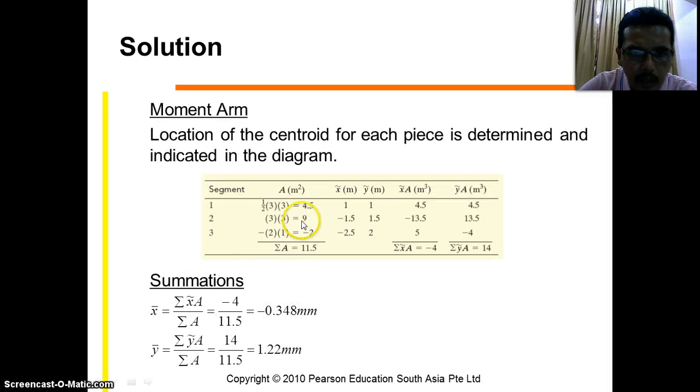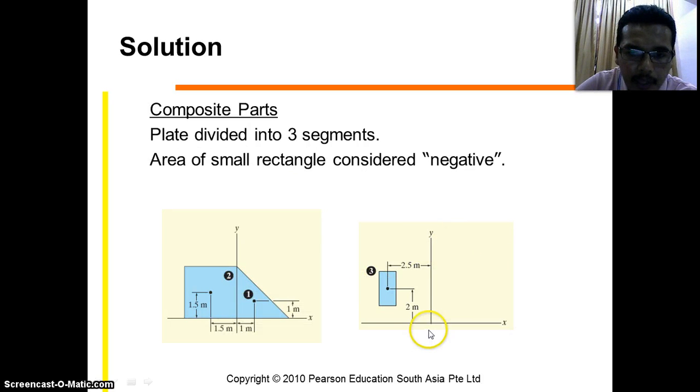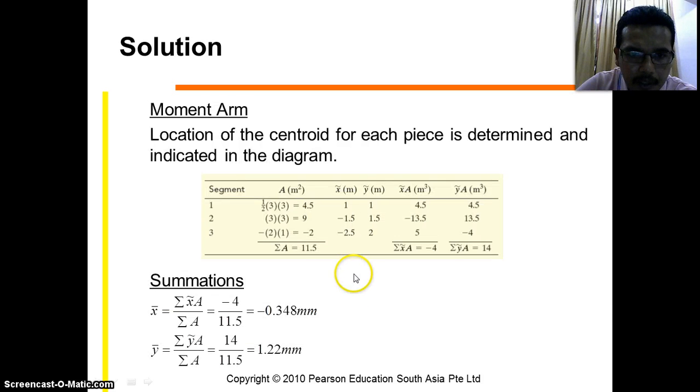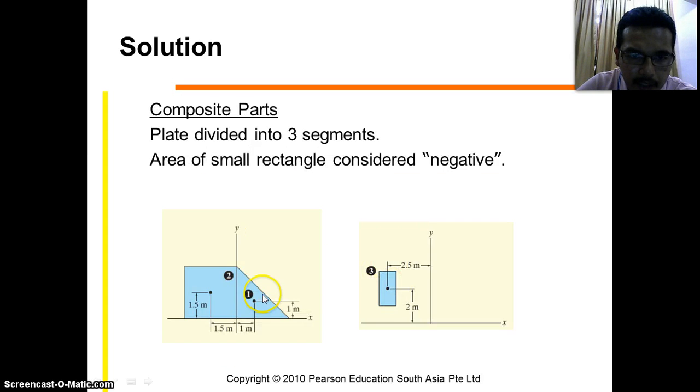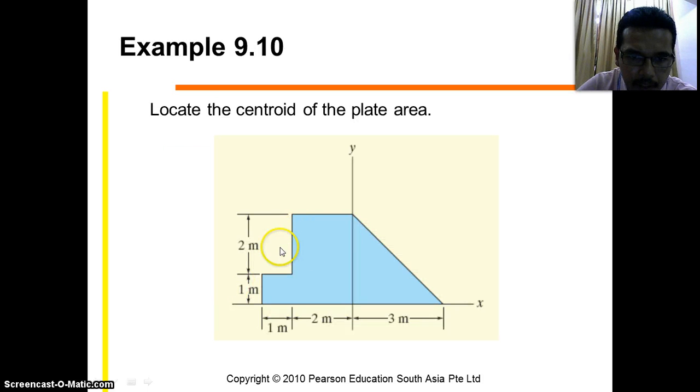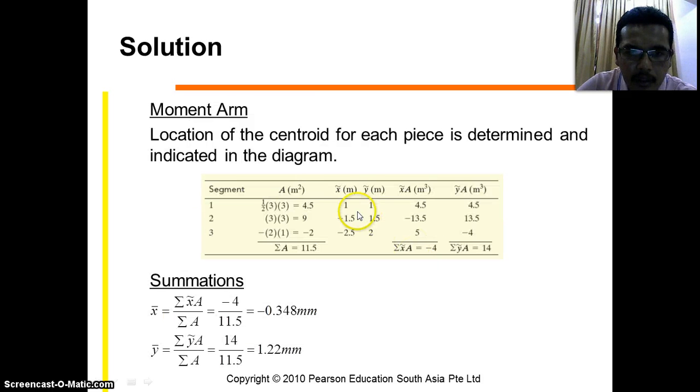Now, following the procedure, we need to define our x and y. The area for segment 3 is negative, because it is cut out from this rectangle to make this shape. So we're talking about x bar and y bar here.